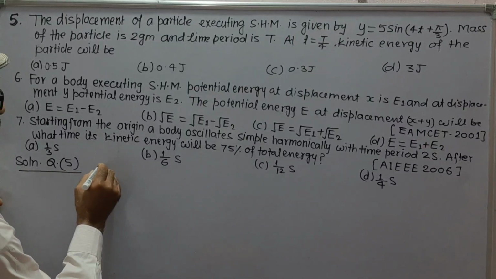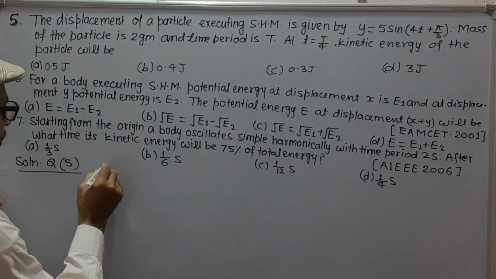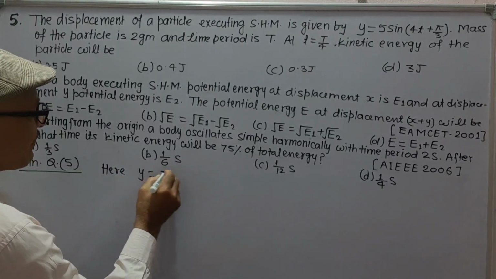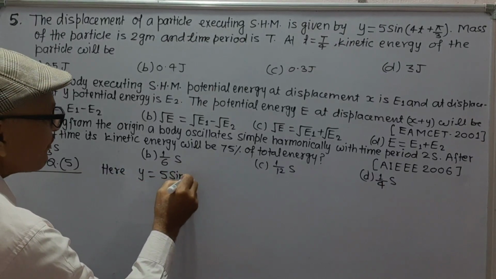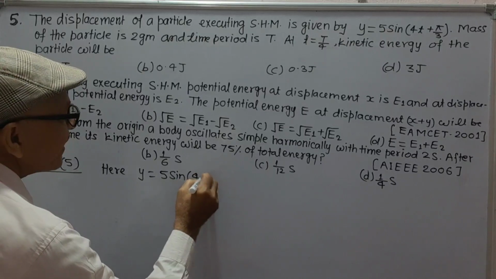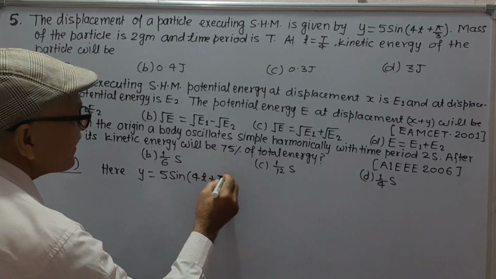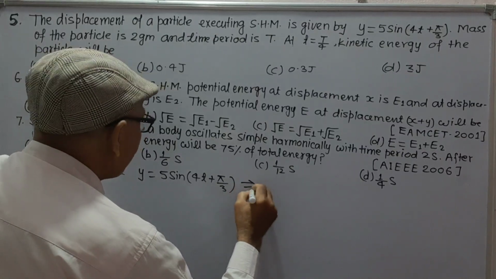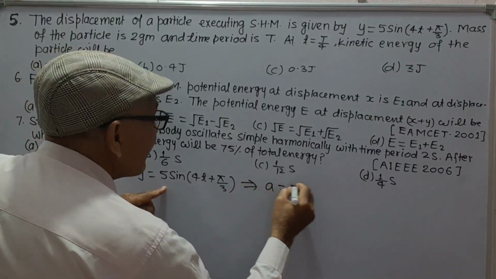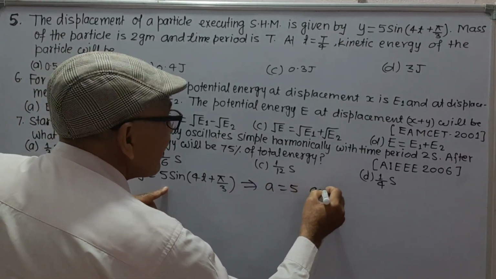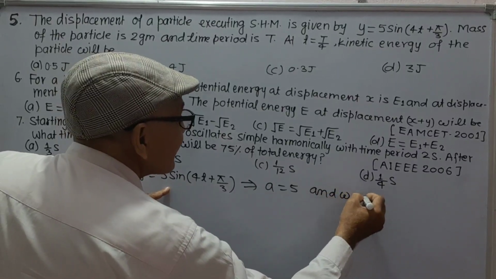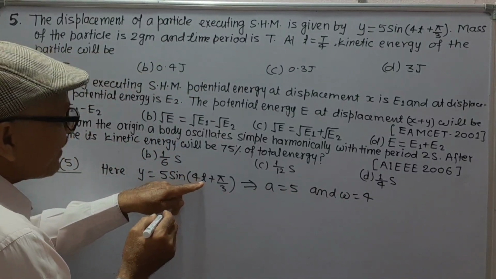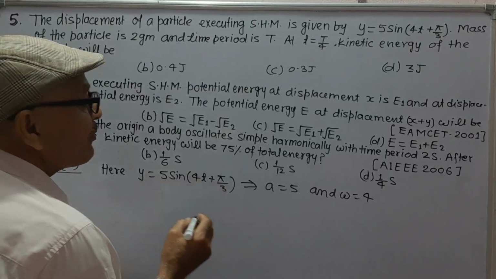Here y is equal to 5 sin(4t + pi/3). Thus A is 5 and omega is 4, the coefficient of small t being omega.